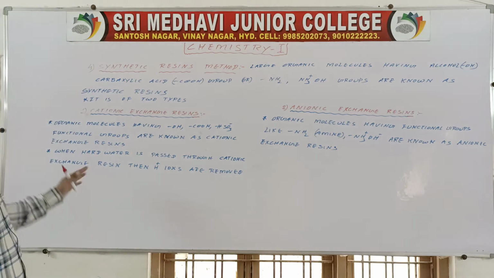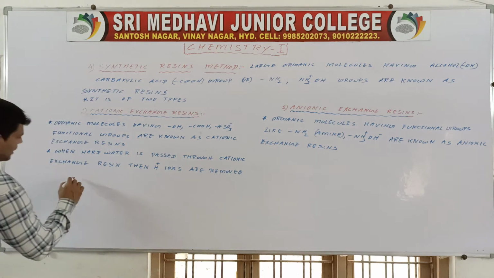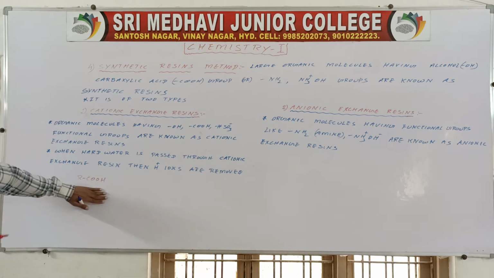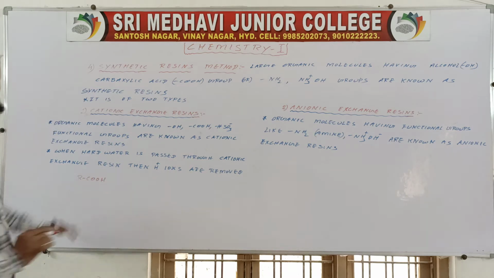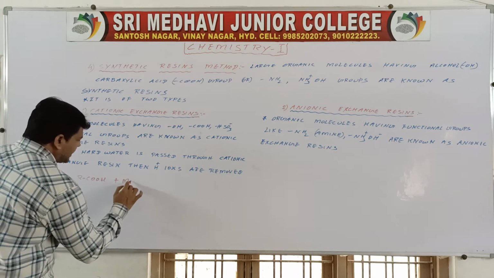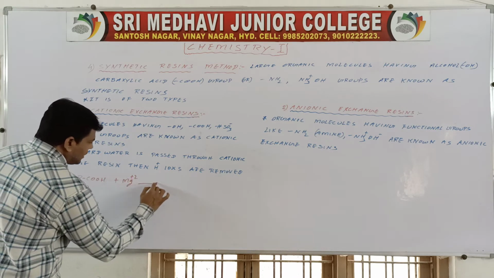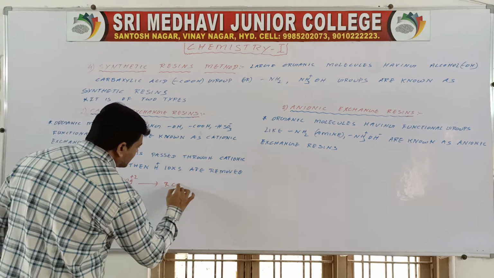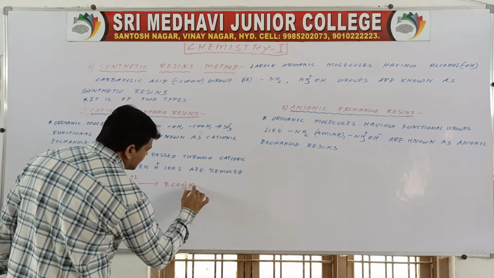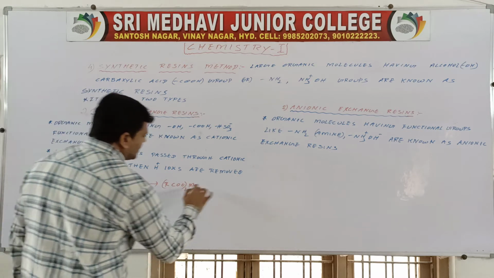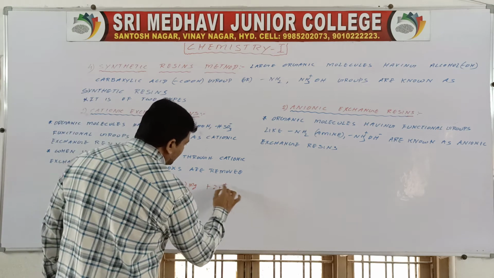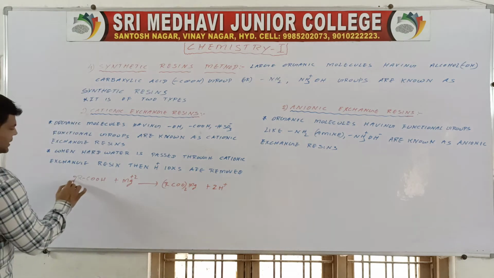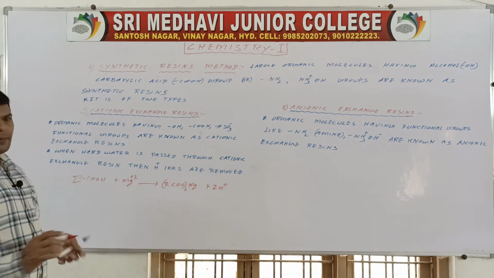See here, RCOOH is a cationic exchange resin. When it is added to hard water containing Mg 2+, what happened? (RCOO) twice Mg is formed, as H plus ions are removed. If you take 2, then it is balanced.